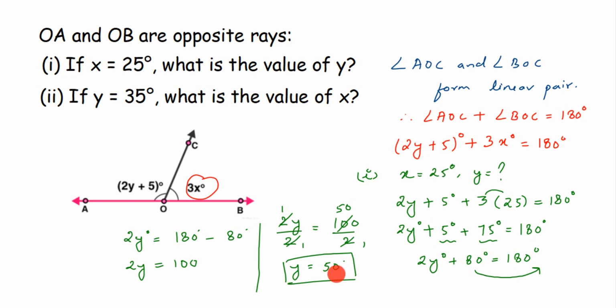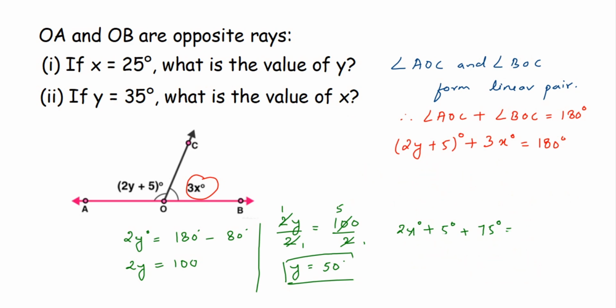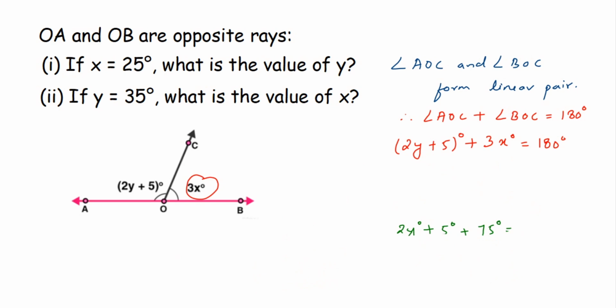Now we have to solve the next question, where the y value is given as 35 and we have to find the value of x. So I have to erase this part. This is the second question, where y is given as 35 degrees and the x value is unknown. Let's substitute the values.